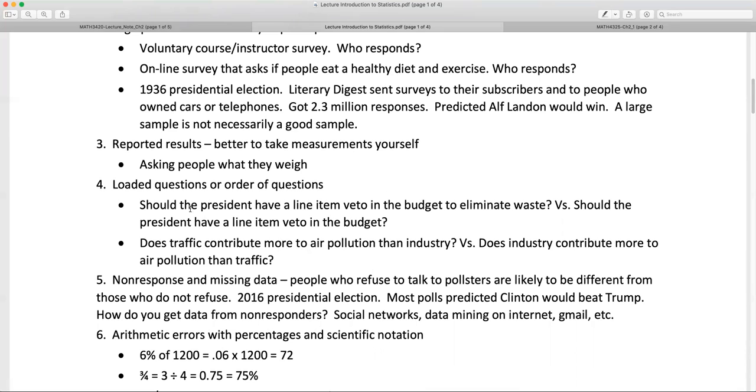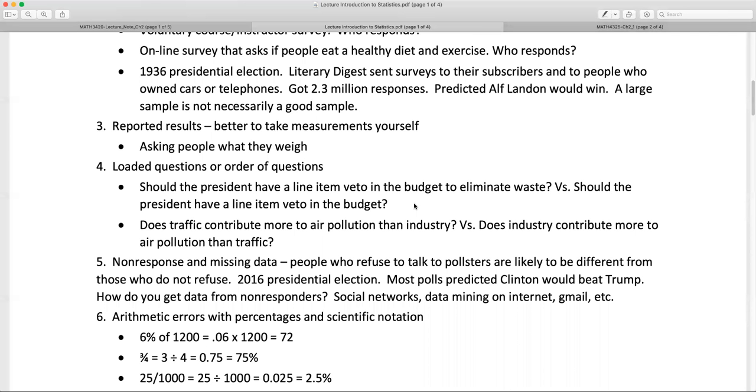And then next one is loaded questions or order of questions. So should the president have a line item veto in the budget to eliminate waste? Versus should the president have a line item veto in the budget? If survey questions are not worded carefully, the result of a study can be misleading.